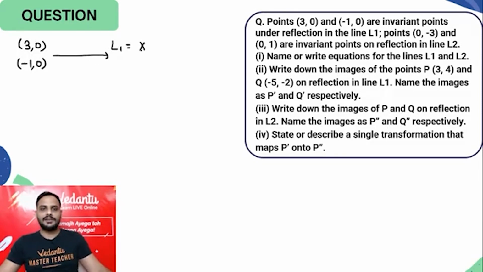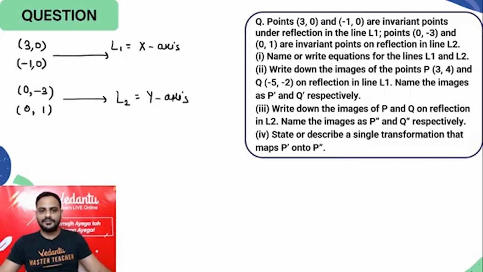So I can say L1 will be x-axis. Right? 0, minus 3 and 0, 1, they are invariant under the reflection in the line L2. So these are the points on y-axis, and the points on y-axis are invariant when we do the reflection under y-axis. So line L1 is x-axis, line L2 is y-axis.